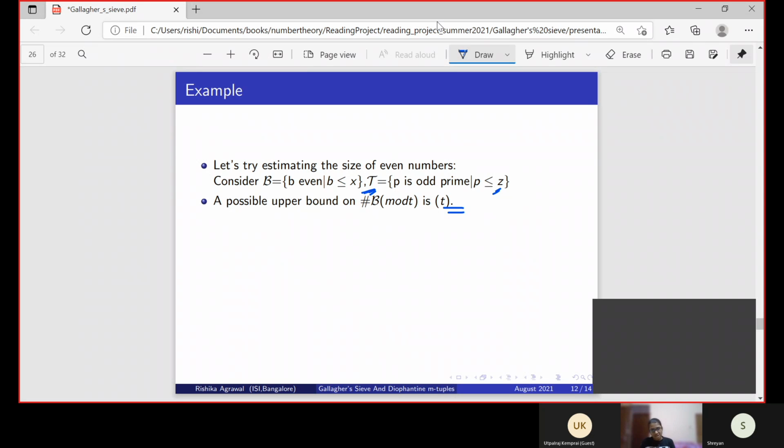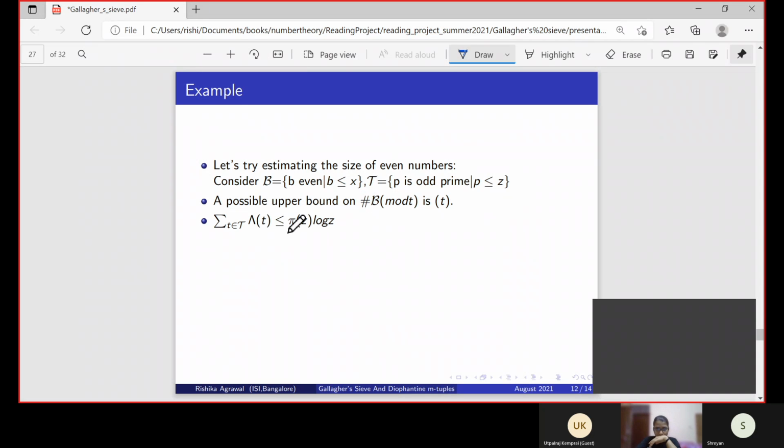So again, I would like to mention here, all the sieve theory methods heavily depend on the way you are estimating your sets. The estimations should be the best that we can have to get better bounds. I think this would be more clear at the end of this example.